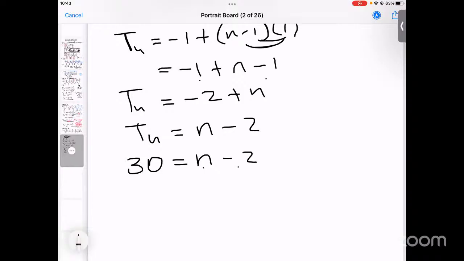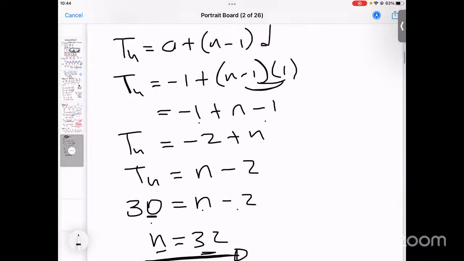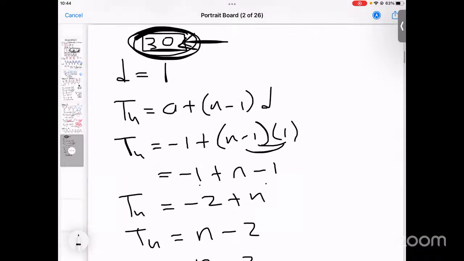This goes to the other side and gives you 32, so n equals 32. So in house number 32, we have 30 people. Yes, I've said it correctly, so it's fine.